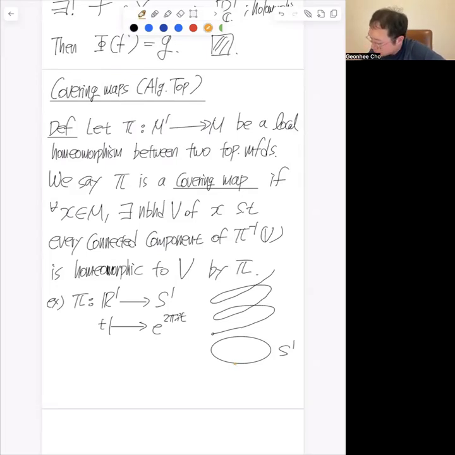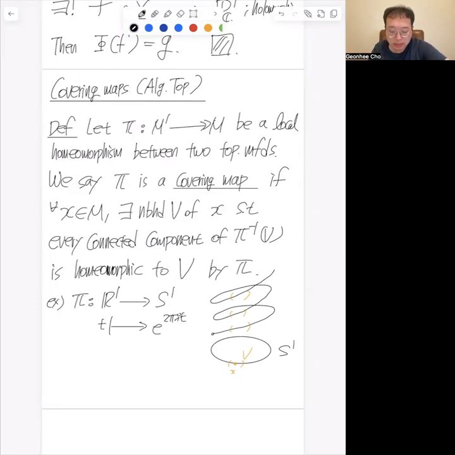If you choose any point, you are able to find a small neighborhood, and each connected component of the inverse image is clearly homeomorphic to the prescribed neighborhood V. So that's some intuition.